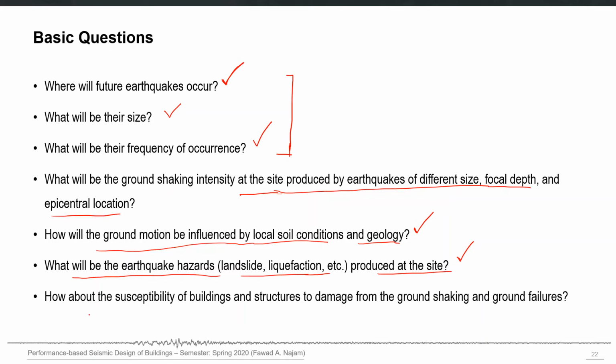And lastly, what about the susceptibility of buildings and structures to damage from the ground shaking and ground failures? This question is about the vulnerability of buildings. This is not about the hazard. So this will not be covered in this lecture, but we will be covering most of these questions, and we will have a basic introduction to some of the issues in answering them.